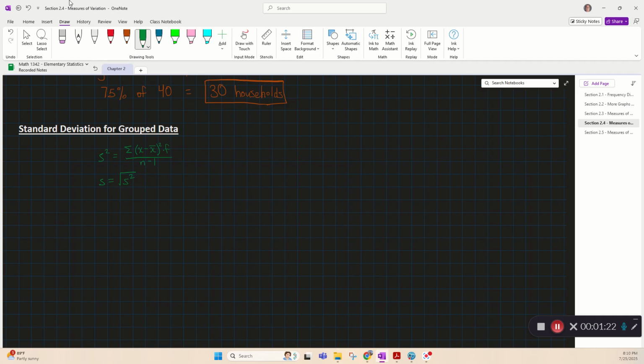Okay, now let's remember what some of these things mean. X is our class midpoint. Remember, grouped data means you have a frequency distribution. X bar is our grouped mean, which we covered in section 2.3.